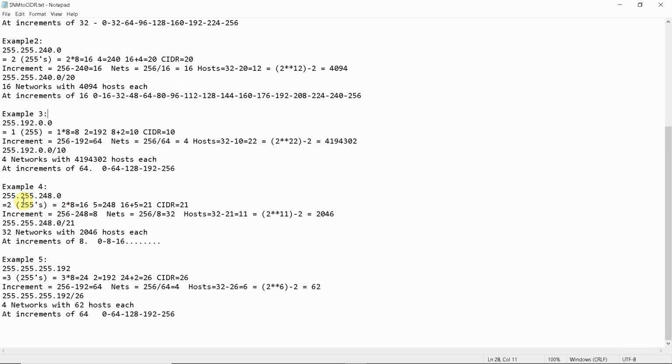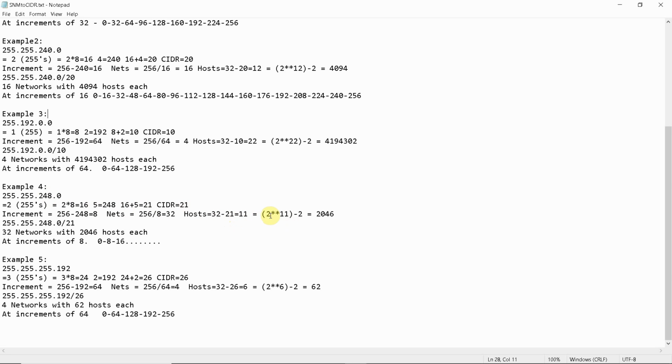You can do this really quickly. You look at this and see 2 times 8 equals 16, plus 5. Again, 255, 255, 8, 8 is 16, plus 5 is 21. CIDR is 21. 32 minus 21 is 11. That gives us 11 zeros.